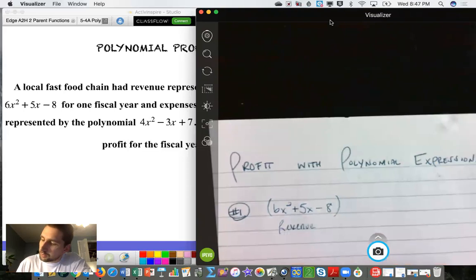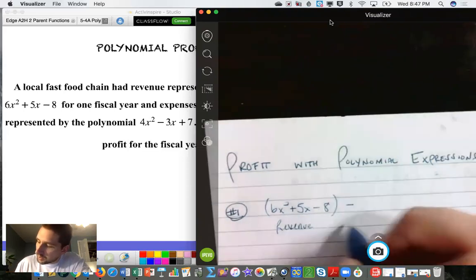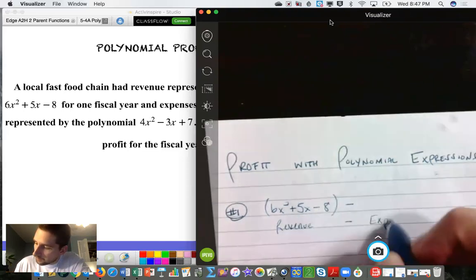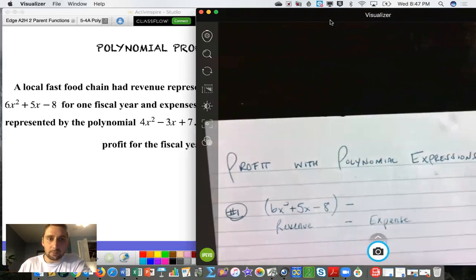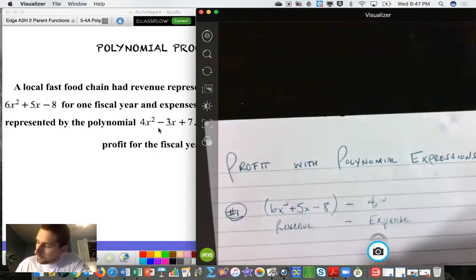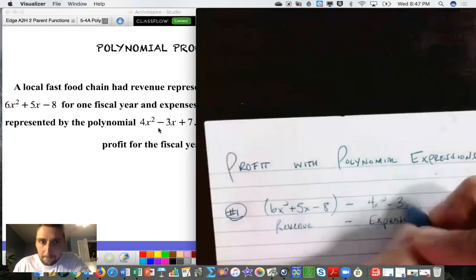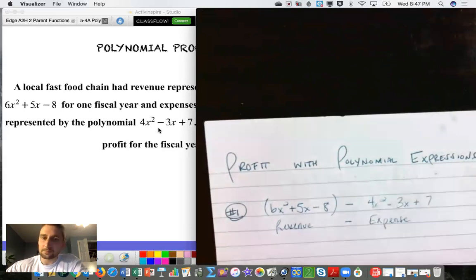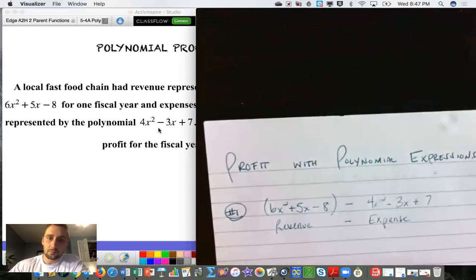We know profit is equal to revenue minus expense. My expenses for that year were 4x squared minus 3x plus 7. That guy in parentheses as well.